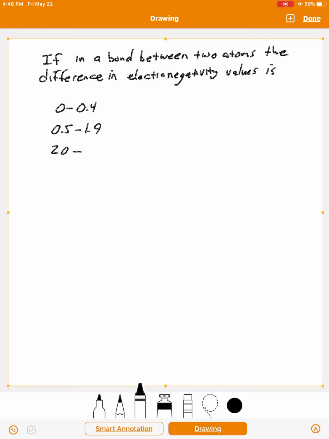We're going to call this a covalent bond. We're going to call it a polar covalent bond. And we're going to call it an ionic bond. Okay, those are our three categories there. 0 to 0.4 is covalent, 0.5 to 1.9 is polar covalent, and 2.0 or greater is an ionic bond.